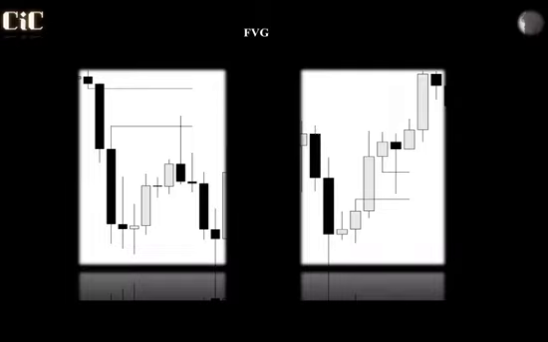And these gaps are rich and filled with leftover orders which need to be rebalanced. And that's the reason why FVGs are always sensitive price zones in the correct order flow.